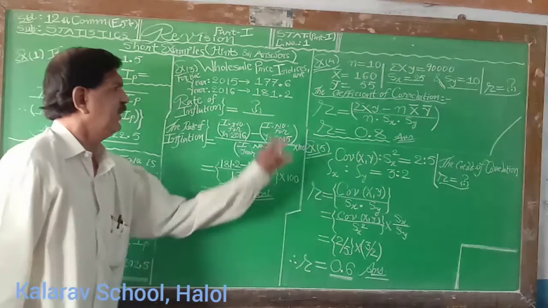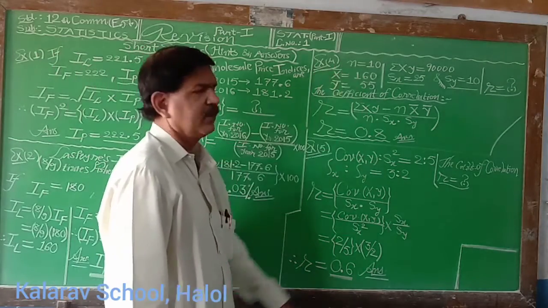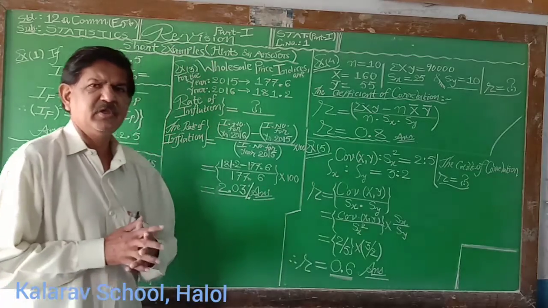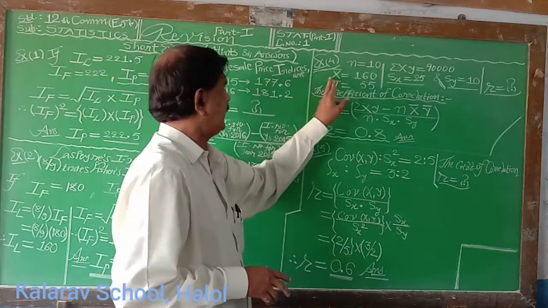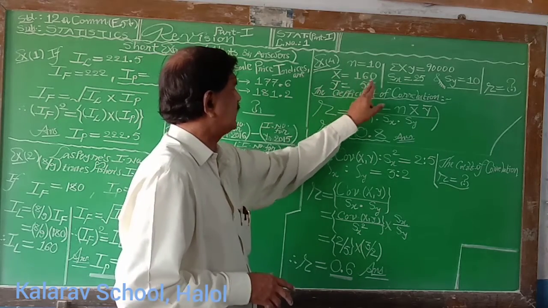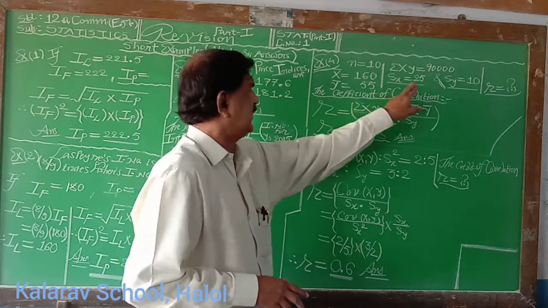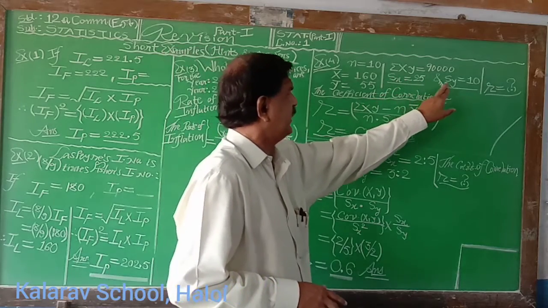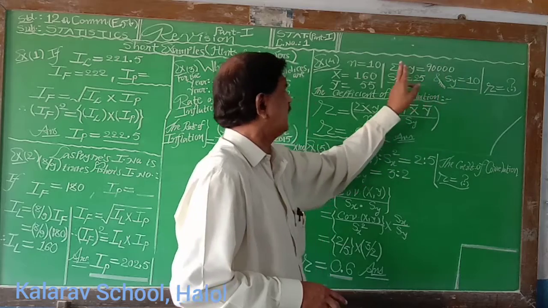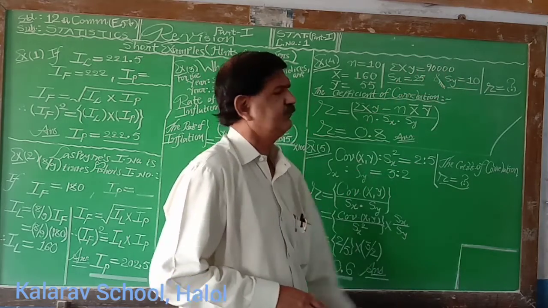Now, next example, example number 4, based on correlation. Given that n equal to 10, x bar and y bar are respectively 160 and 55. Sx and Sy are respectively standard deviation of x 25, standard deviation of y 10, and sigma xy is 90,000.